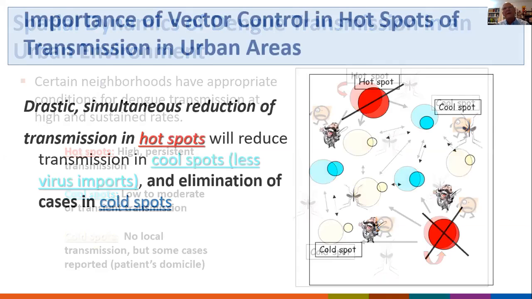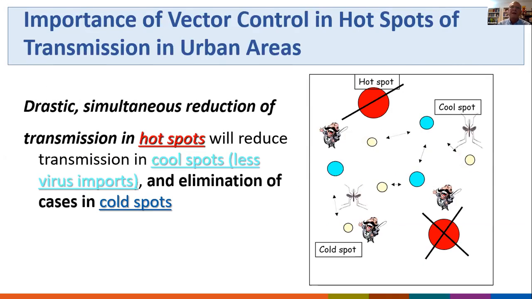So the hypothesis will be that if we can identify and be effective at treating Aedes aegypti in these hotspots, you're going to see a simultaneous reduction everywhere else in the city without having to spend a lot of resources in those areas.